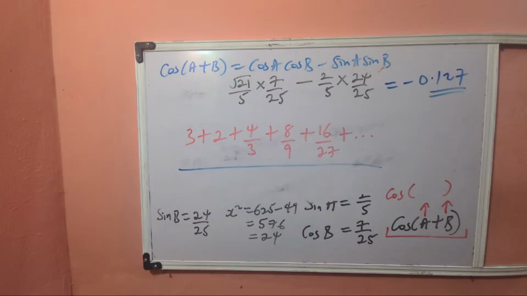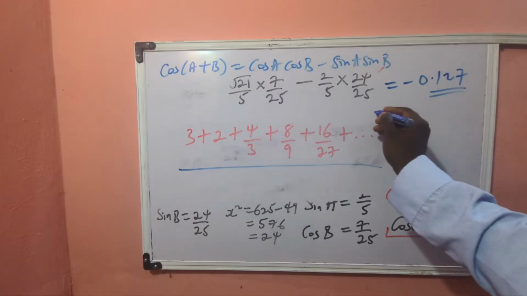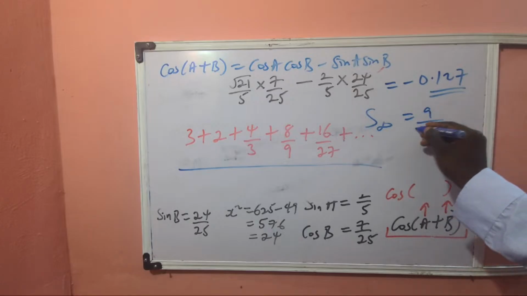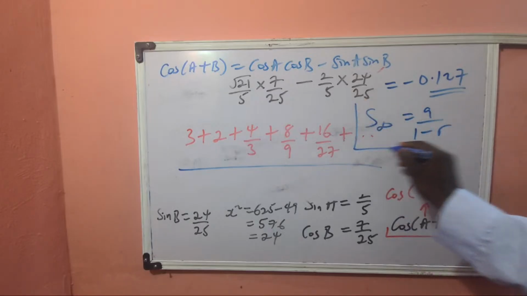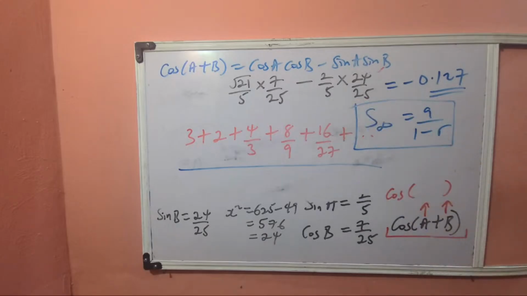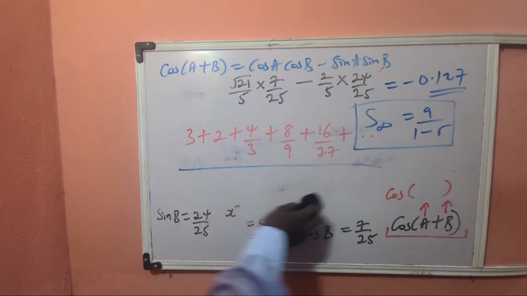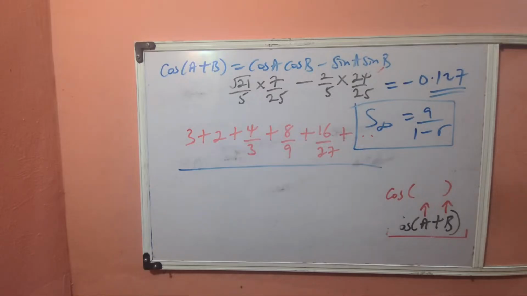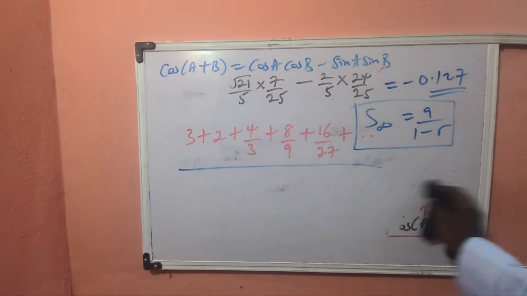All right. The sum to infinity is given as S infinity equals A over 1 minus R. This is a formula you must never forget, and you'll be needing it in this particular expression. So how do you find the sum to infinity?